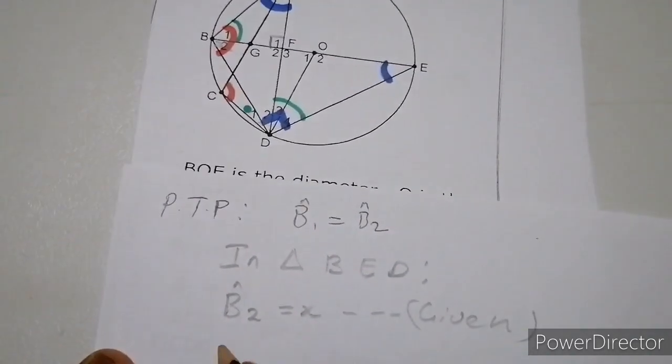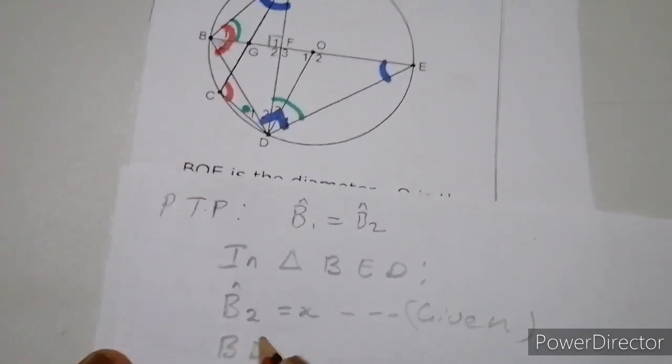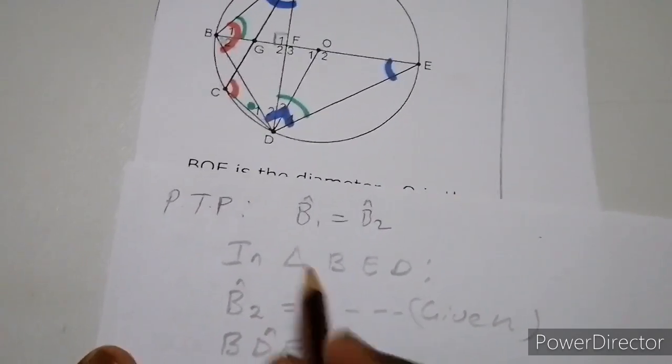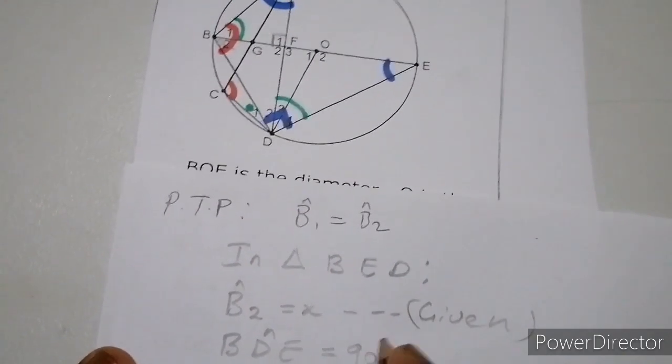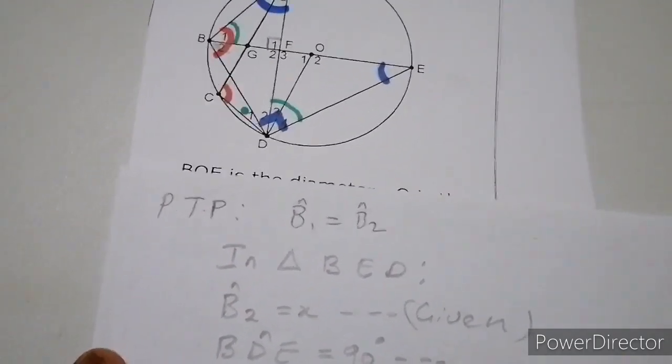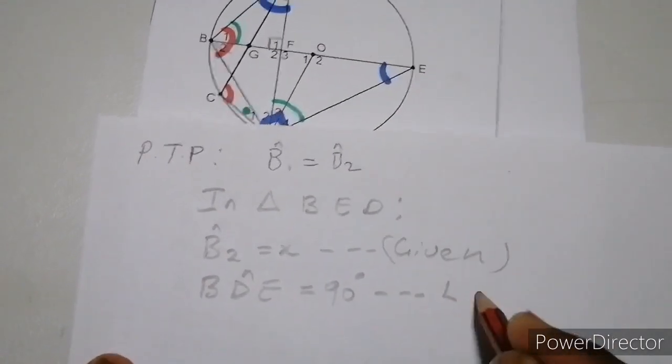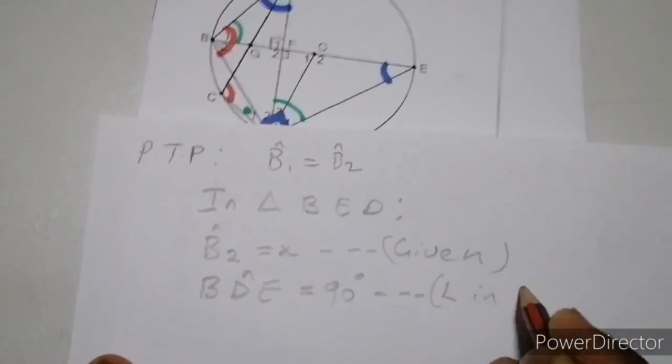And then angle BDE is equal to 90 degrees. What is the reason? Angle in a half circle.